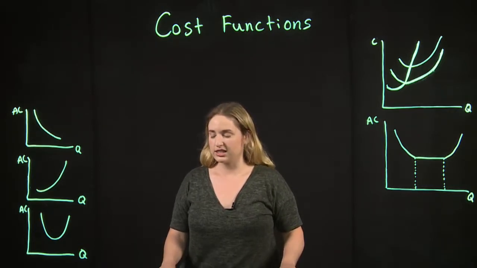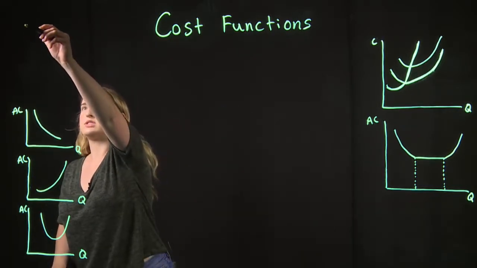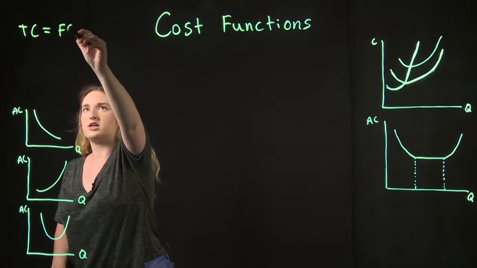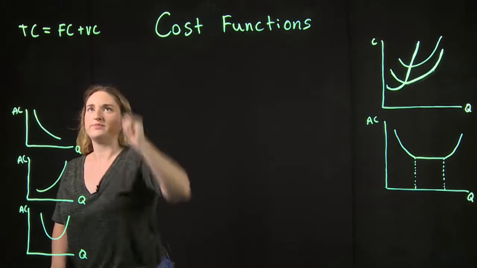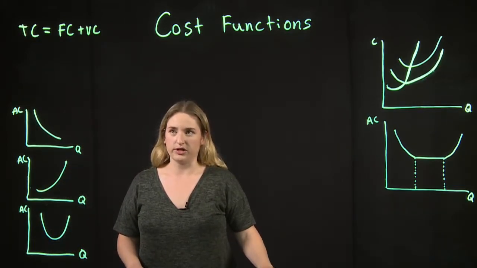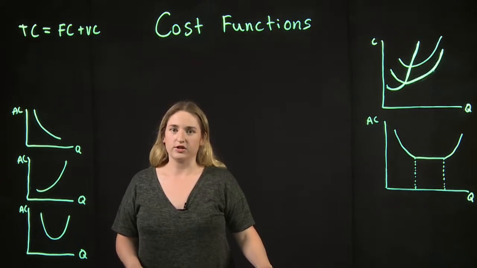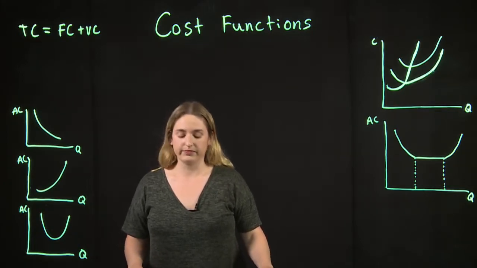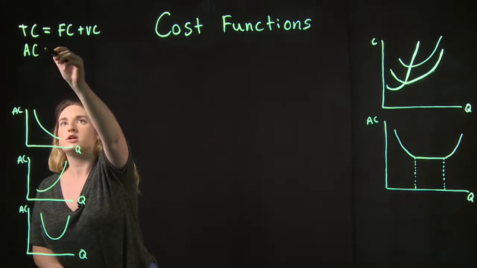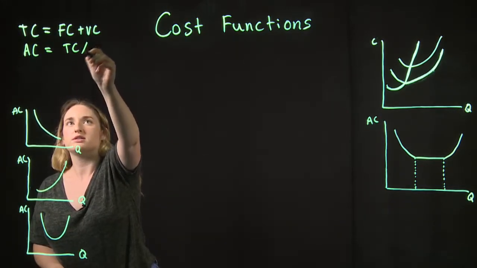So let's get started. Let's first talk about total cost, which is the sum of fixed cost and variable cost. Fixed costs are costs that do not change with the level of output, while variable costs are those that do change with the level of output. Additionally, we have average cost, which is total cost divided by quantity.